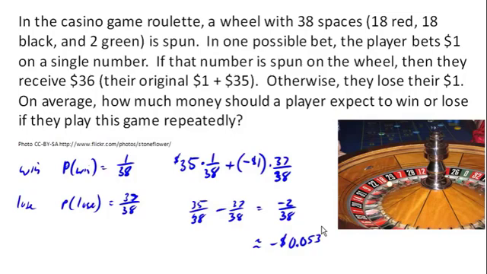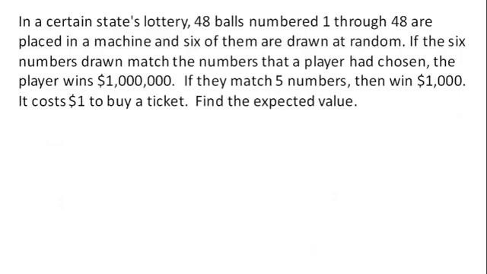So now let's look at a lottery problem. We looked at this lottery before, and we figured out that the probability of matching all 6 numbers was 1 out of all the possible choices. So it was 1 out of the ways of picking 6 numbers out of 48, which was 1 out of 12 million-ish.